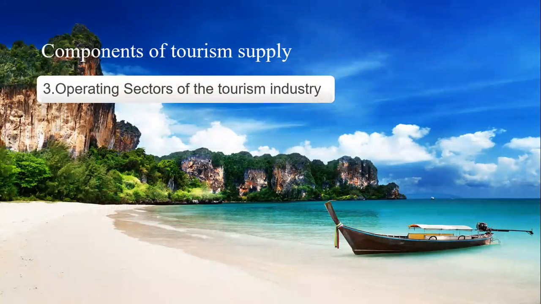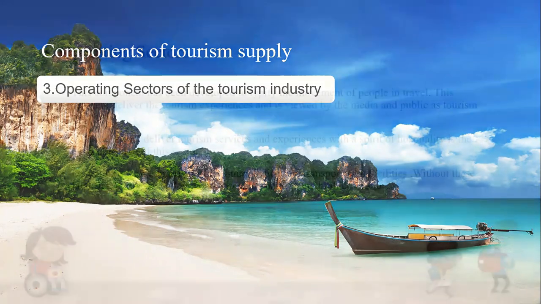Now we shall learn the next component of tourism supply. The third one is the operating sectors of the tourism industry. Now the word itself is quite explanatory. Operating sectors means all those services, all those sectors that are actually operating your industry.